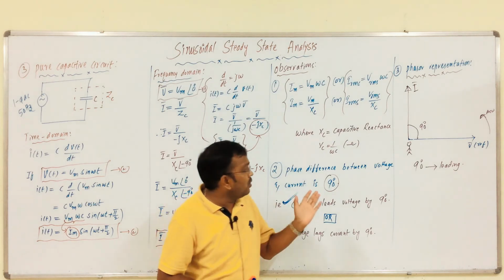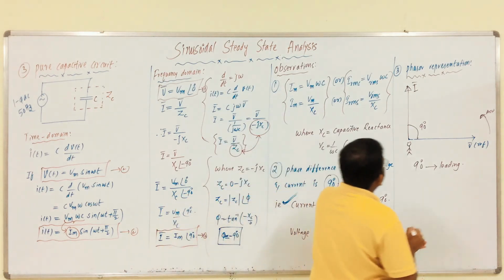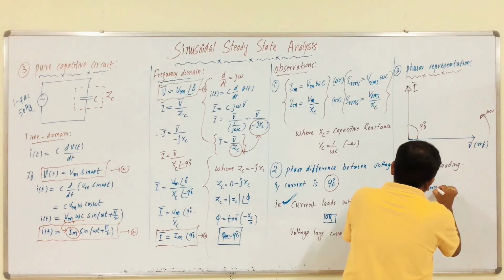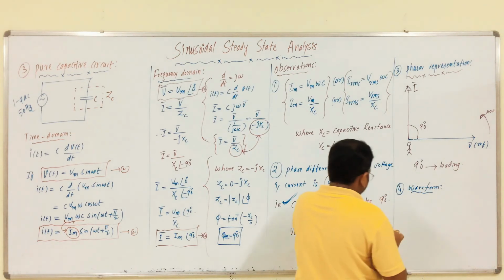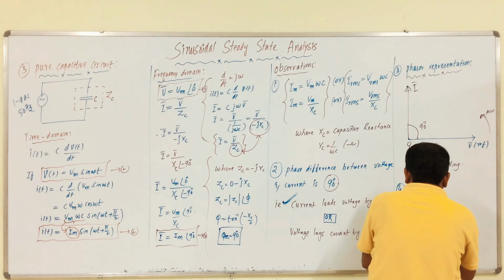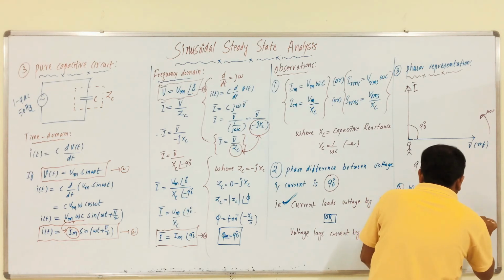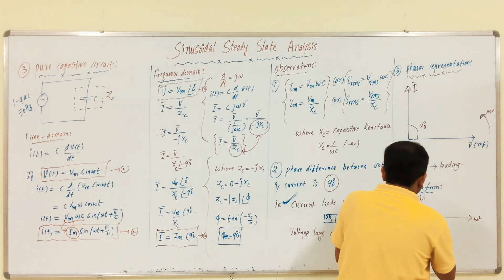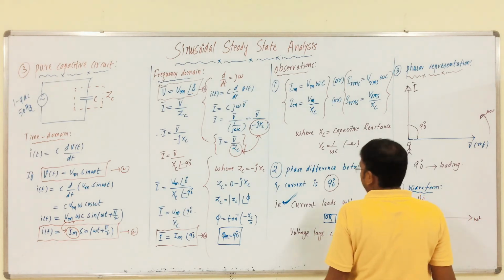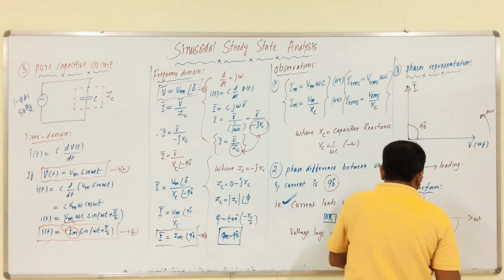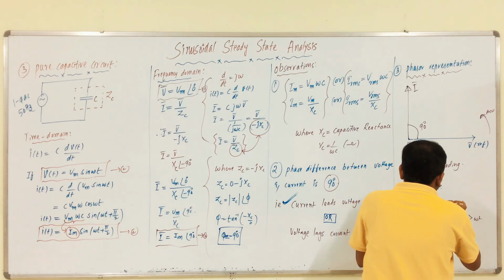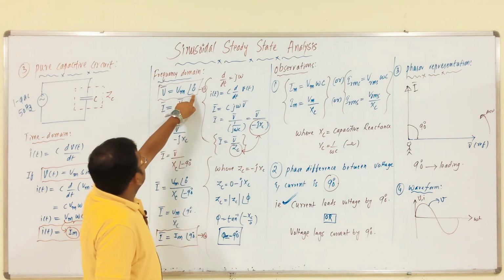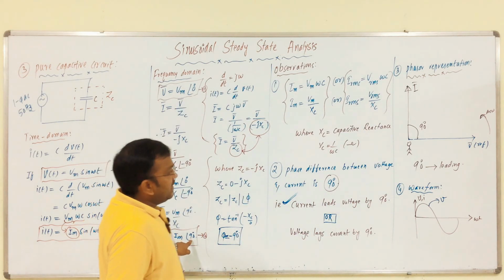Okay, this is about the waveform. Omega t, this is B, right? Here the current is at 90. See, when voltage is at 0, the current is at 90 degrees.